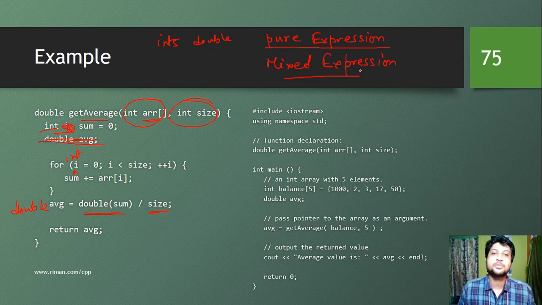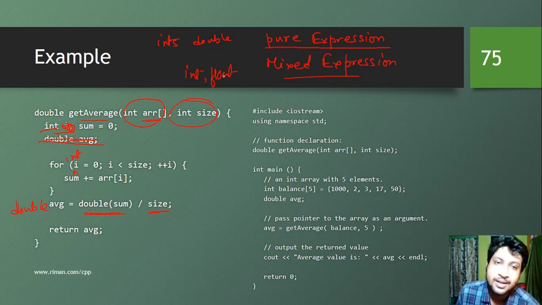In case of mixed expression, where we have multiple types of values together in an expression, the resultant value will be of the type that has the maximum size. So if you use int and float, the resultant value will be float, because float can handle fractional numbers where int cannot.